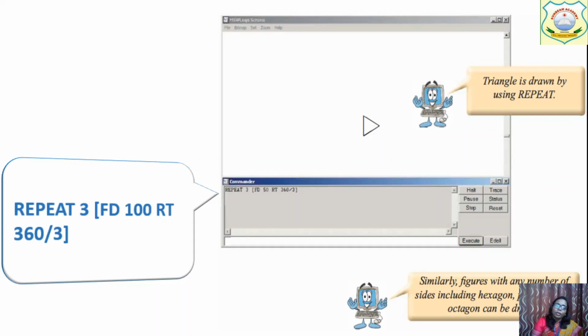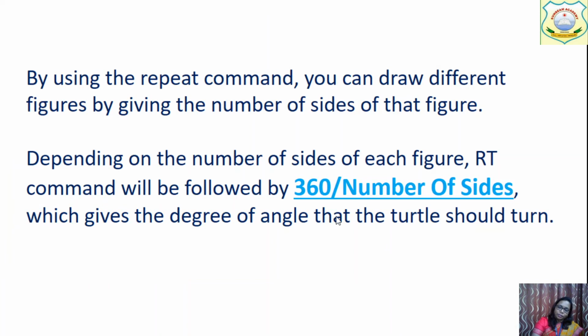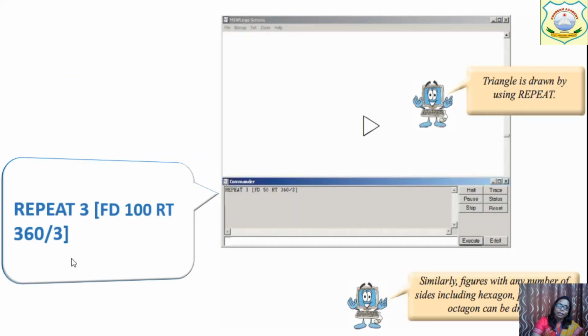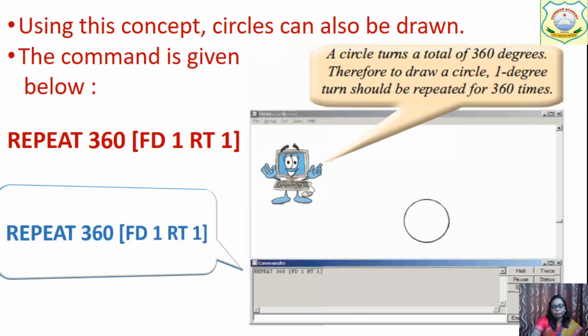So how can you decide? As a triangle has 3 sides, you want to repeat the command 3 times. So for that you write 3 and then FD100, you can write FD200, 50, 30, whatever you want, and then RT 360 divided by the number of sides. So here 360 divided by 3. This is the repeat command to draw the triangle.